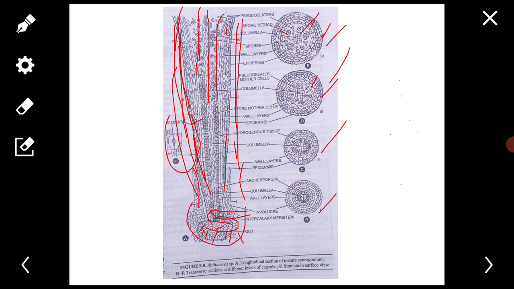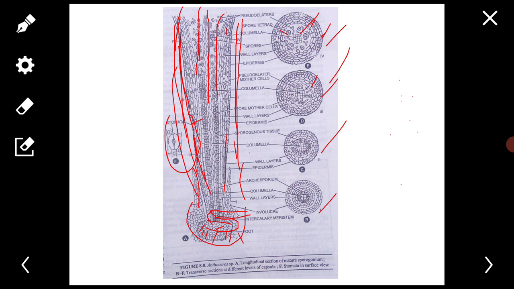They lack spiral thickenings, but show the nature of hygroscopic. जो सूडो इलेटर्स हैं, सूडो इलेटर्स का जो स्ट्रक्चर्स है are similar to elaters in their origin and function but differ in their structures. Therefore, these structures are called the pseudo-elaters.